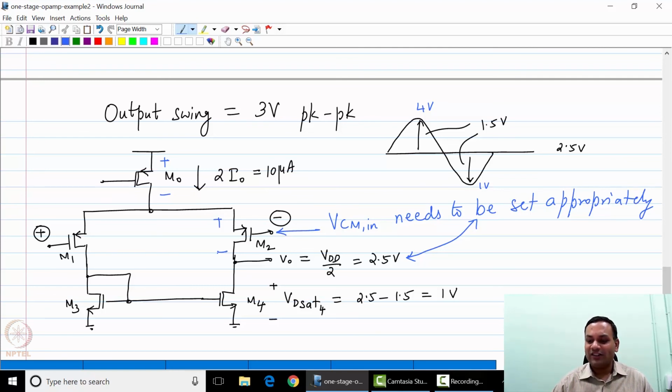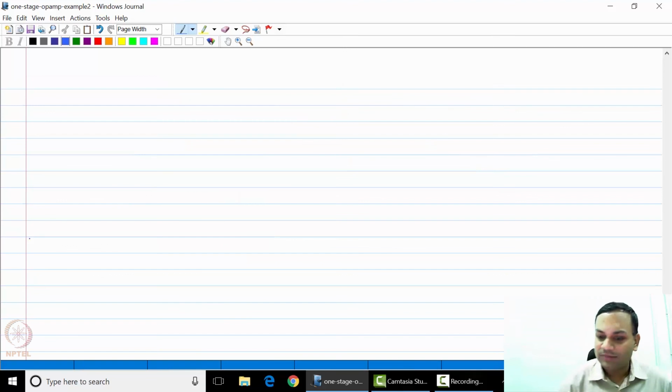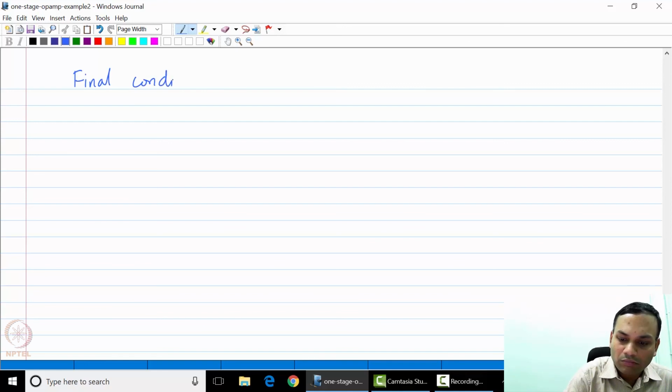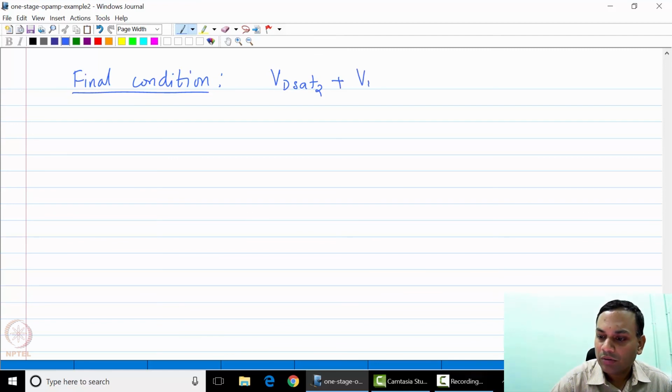Let us quickly check if that is true. The final condition is that VD sat of M2 plus VD sat of M0 should be equal to 1 volt.